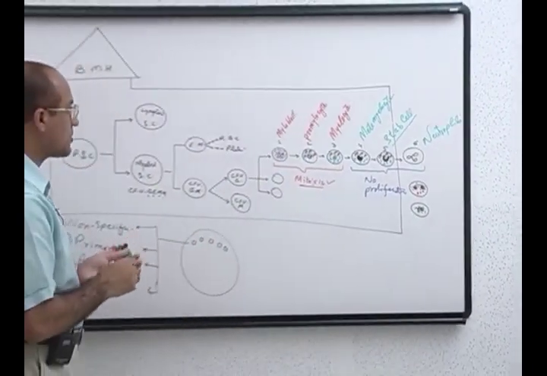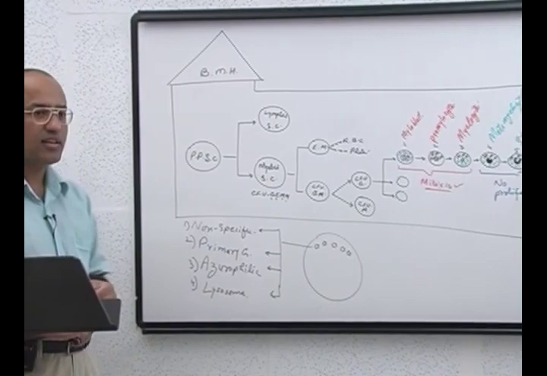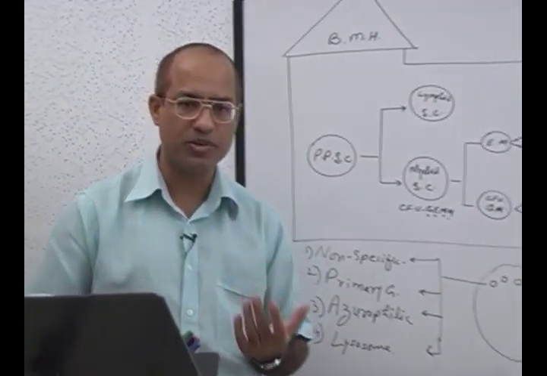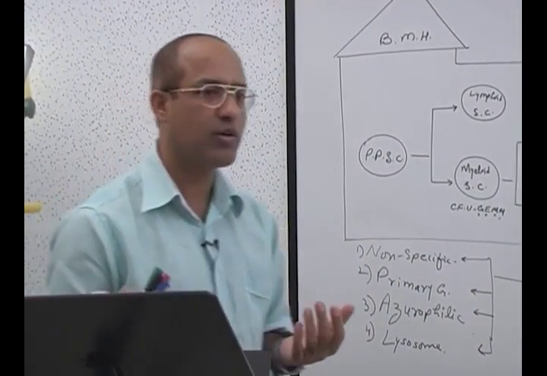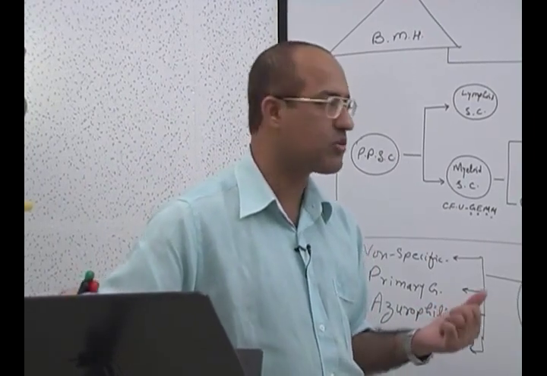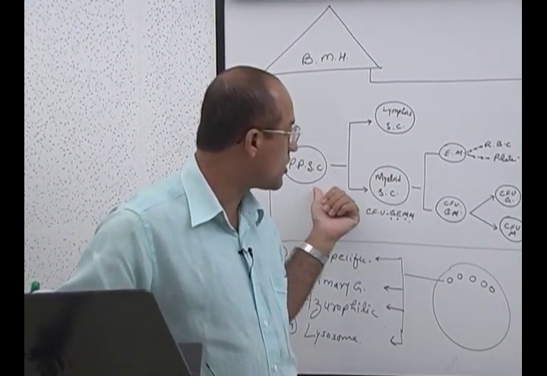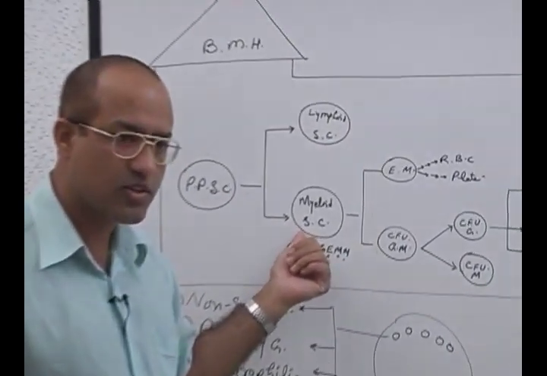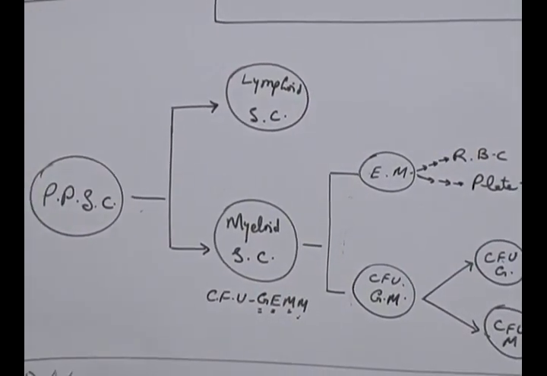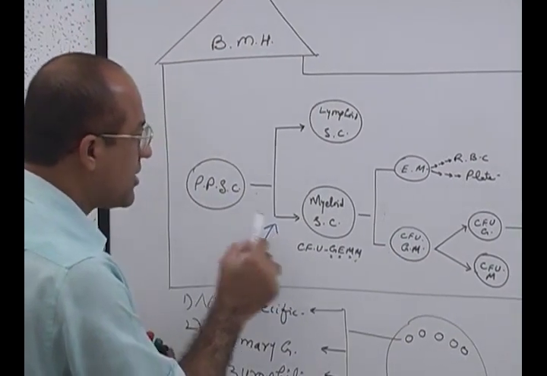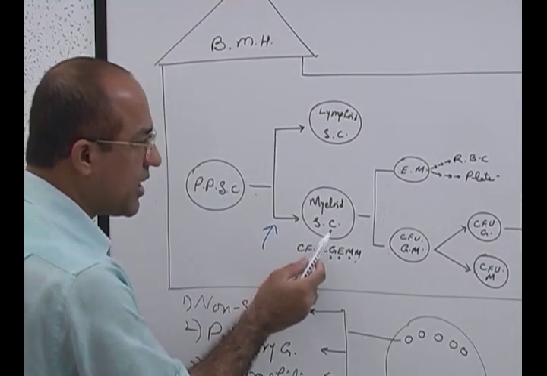Right? So let's come to the very basics. What is the process of granulopoiesis? If you are going to make granulocytes, you have to start with the very early cells, the pluripotent stem cell, which should convert into the myeloid stem cell. There are special cytokines which work over this stage. They drive the pluripotent stem cell into the myeloid stem cell.